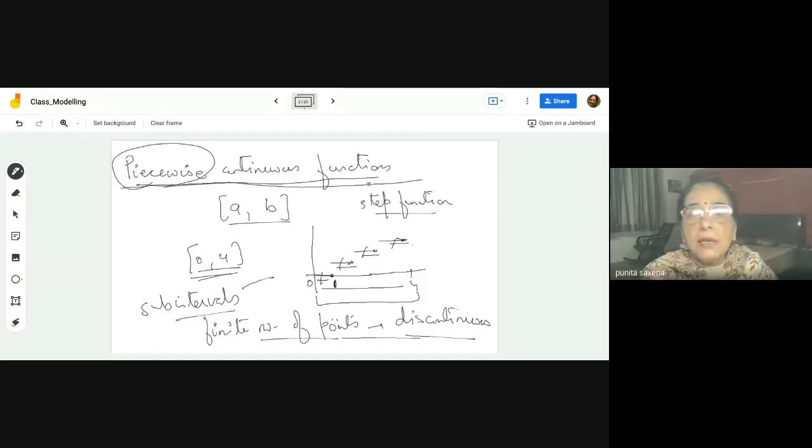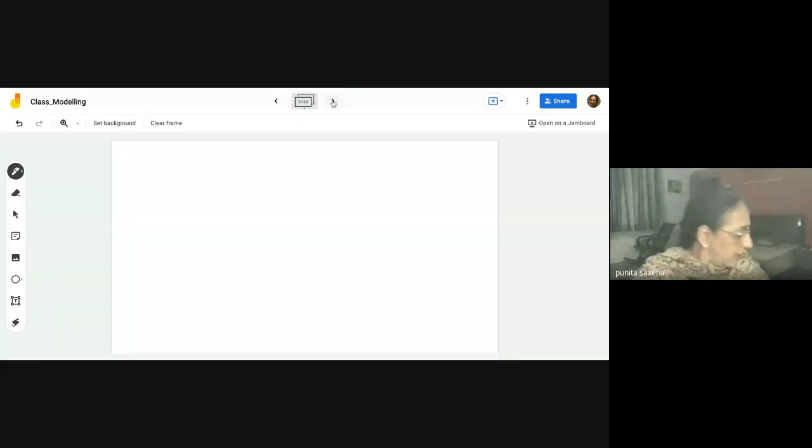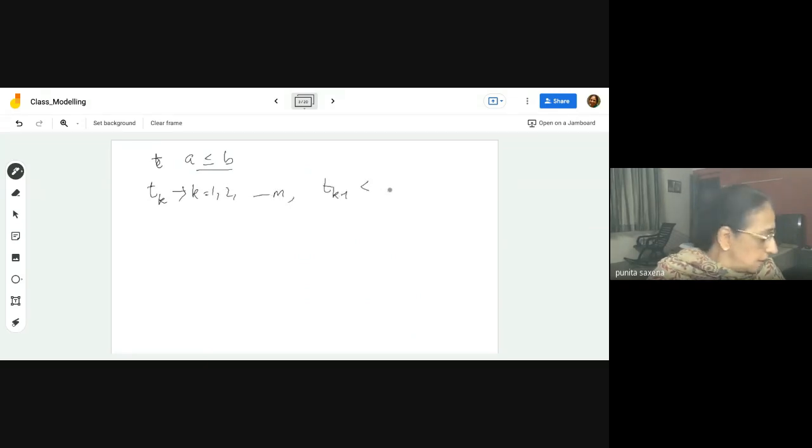We have an interval AB, with A less than or equal to B. I can find a finite number of points, say tk, where k from 1 to m, such that tk minus 1 is less than tk.